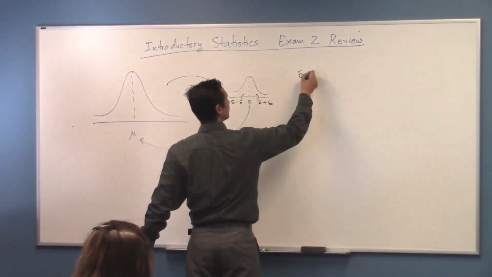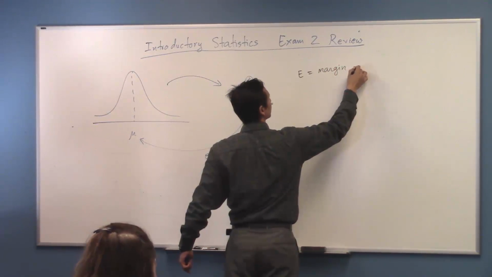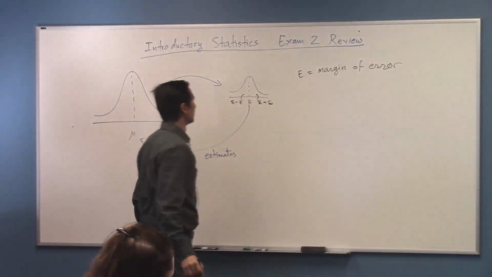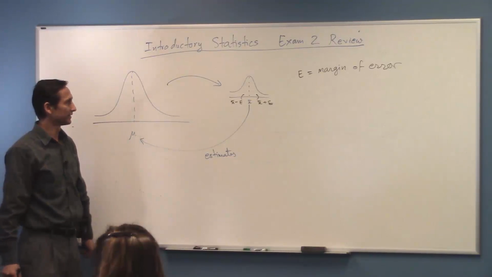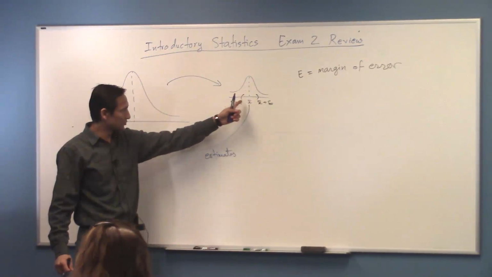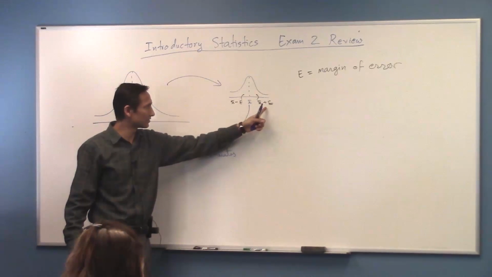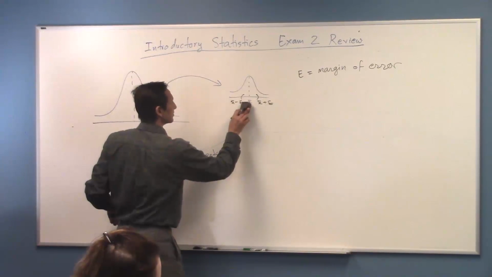So this E is margin of error. So confidence interval is computed using margin of error. We just subtract it to get the left end, and then we add it to get the right end, and that gives you a confidence interval, right?